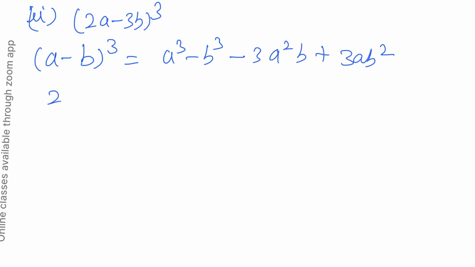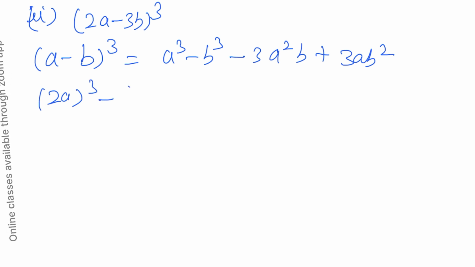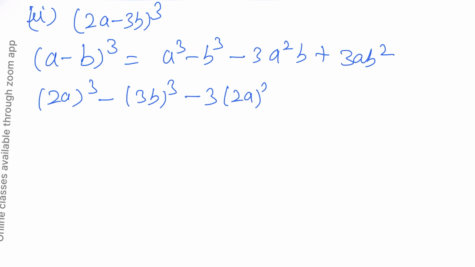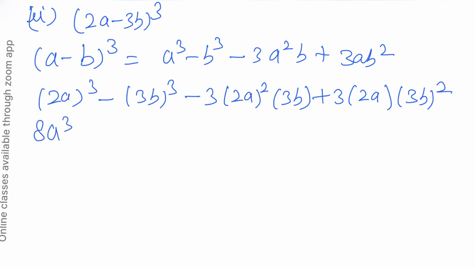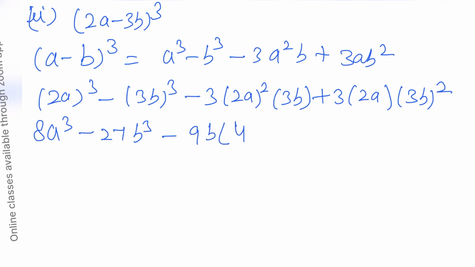So here a is 2a, so (2a) cube minus (3b) cube minus 3 into (2a) square into b which is 3b, plus 3 into a which is 2a and b is (3b) whole square. So 8a cube - 27b cube - 3 times 3 is 9b into 4a square.